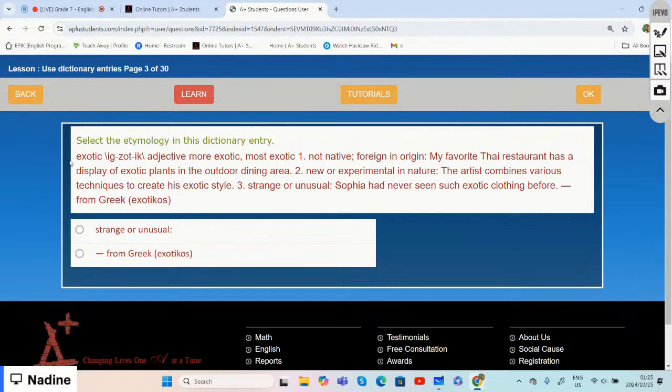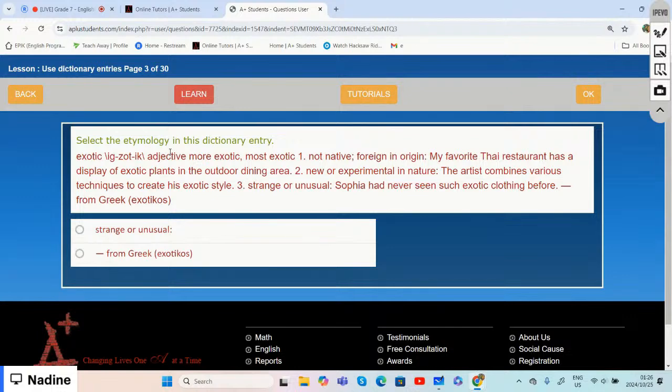The next one says select the etymology, right? It is when you have your dictionary meanings, and then lastly, they will tell you where the word is derived from.